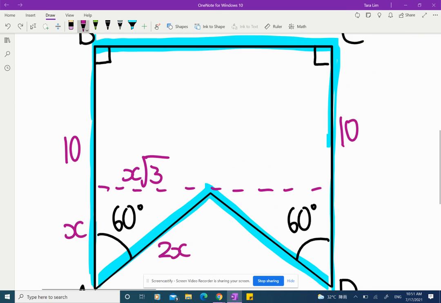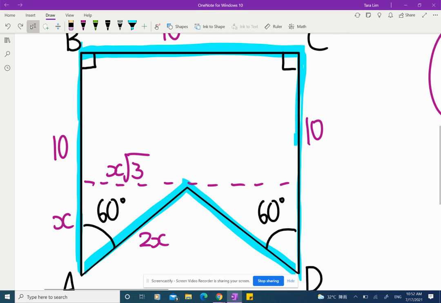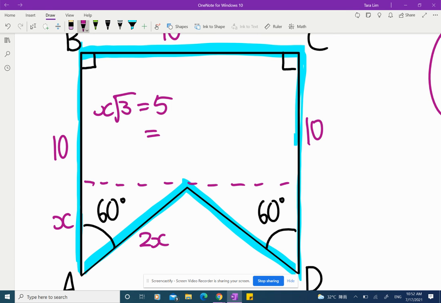So here, remember, we know that the length here is 5. And we know that the length is x times square root 3, and it is 5. So let's do an equation. x times square root 3 is equal to 5. Now I want to calculate what x is. So x is 5 divided by square root 3.